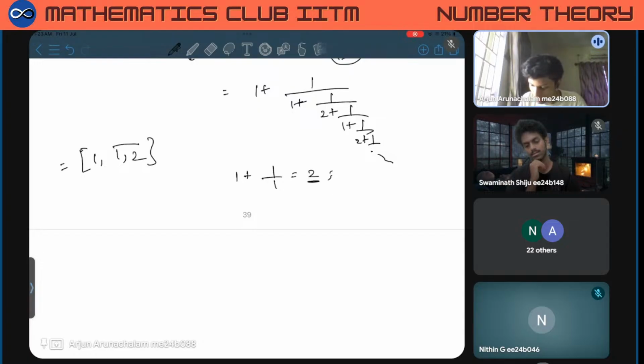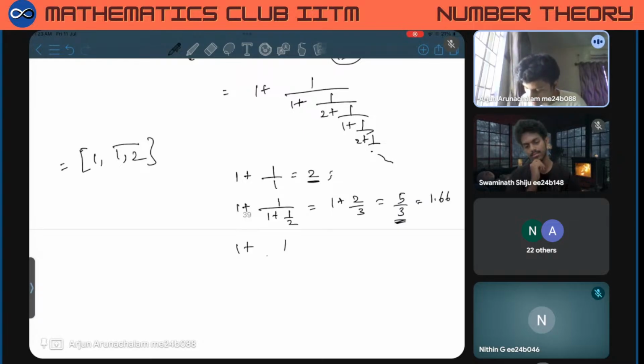Let's say you go to the next stage, 1 plus 1 by 1 plus 1 by 2. This becomes 1 plus 2 by 3, which is 1.66. Wait, yeah, this is 5 by 3, sorry. My bad. Which is 1.66.